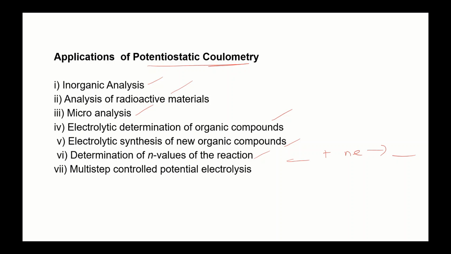You can also do multi-step controlled potential electrolysis. You can determine, for example, an alloy of iron plus copper, or zinc. You can separately determine these two ions, iron(II) and zinc(II), by using potentiostatic coulometry.